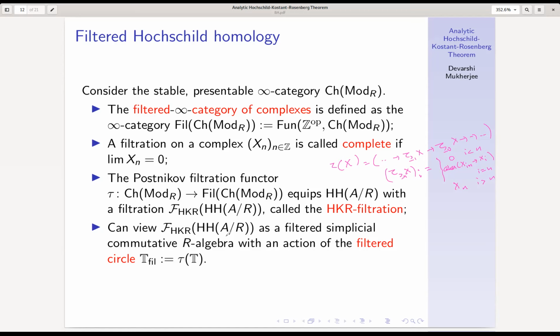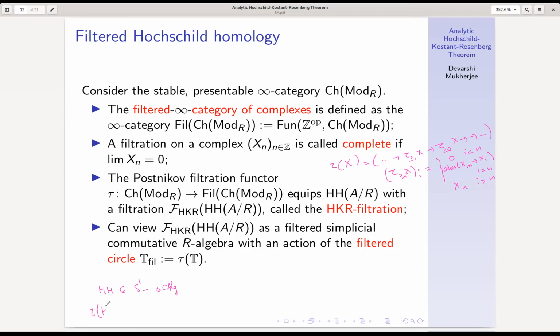So in this sense, this tau of HH is a filtered simplicial commutative algebra. Furthermore, it has an action of what is called the filtered circle. This is some new terminology that was introduced a year ago. Previously HH was sitting inside S^1-equivariant simplicial commutative algebras.